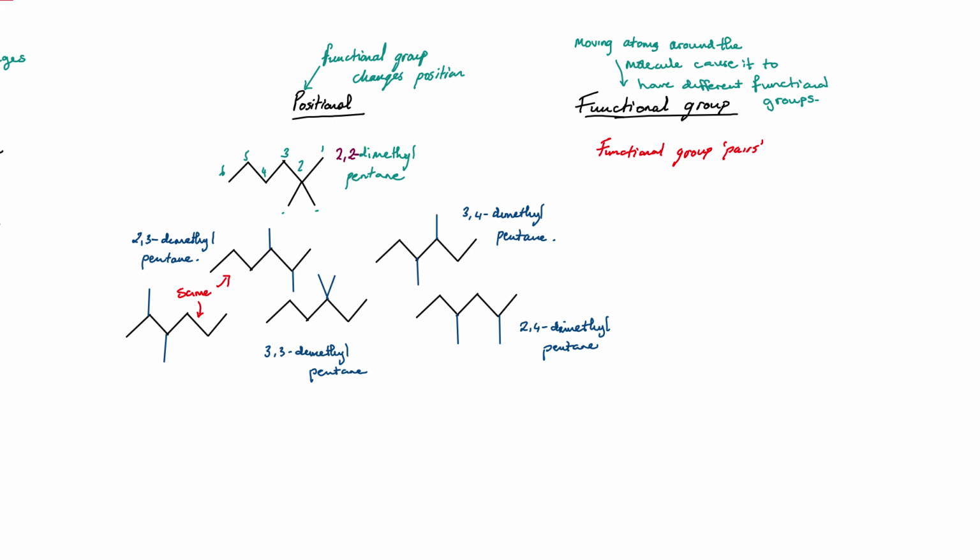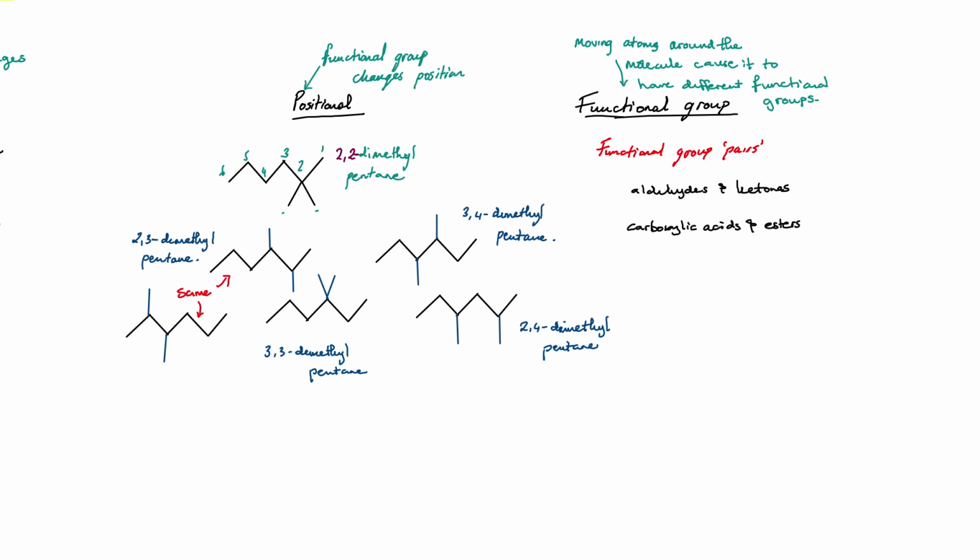So first of all, we've got aldehydes and ketones. That's when you move the atoms around and you end up with a different functional group. You've got carboxylic acids and esters, an example of which would be as follows.